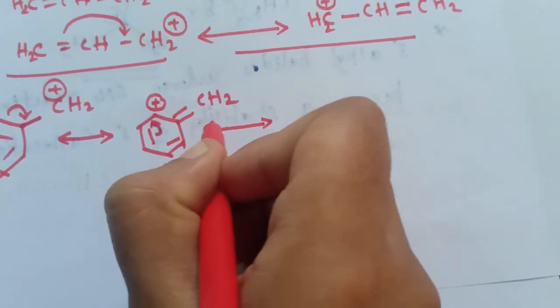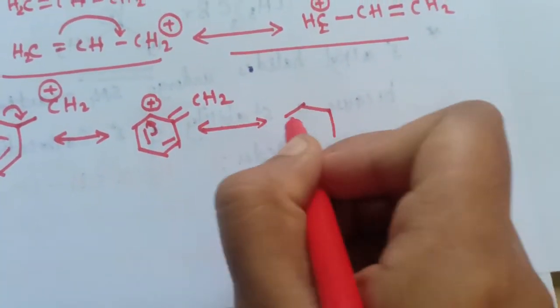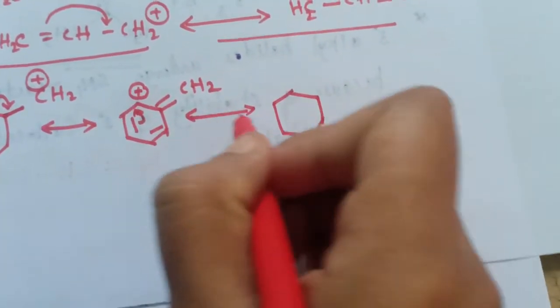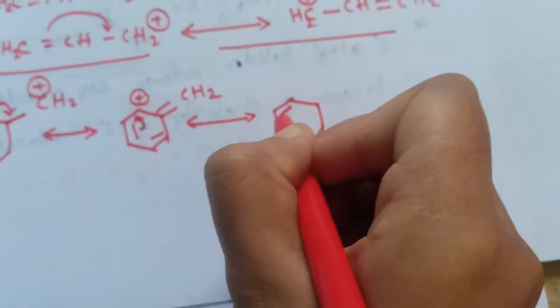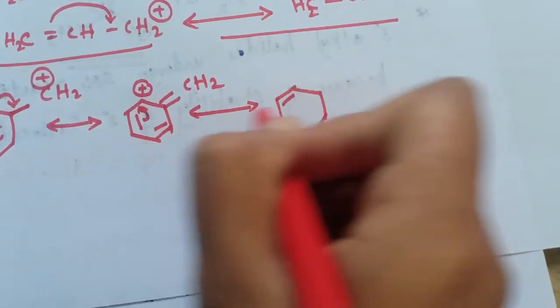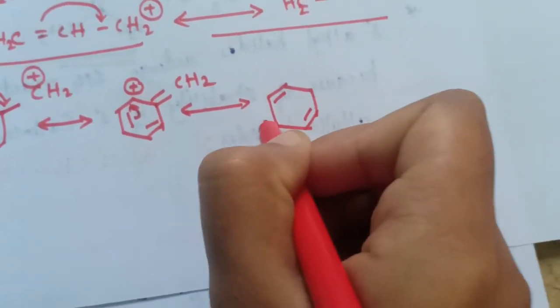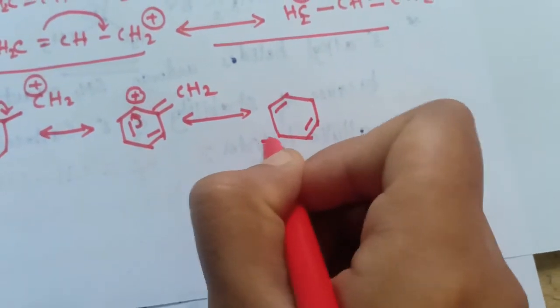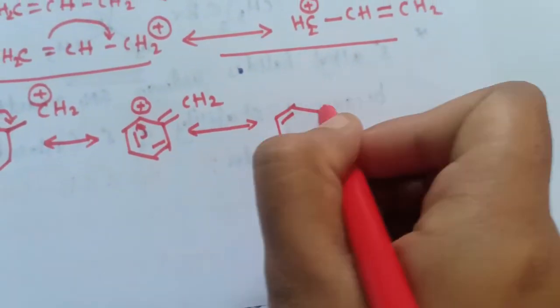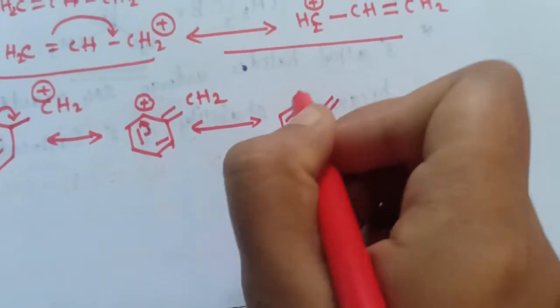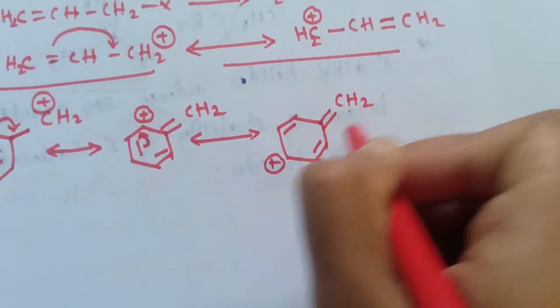Here we get a positive charge, that means electron deficient, CH2.